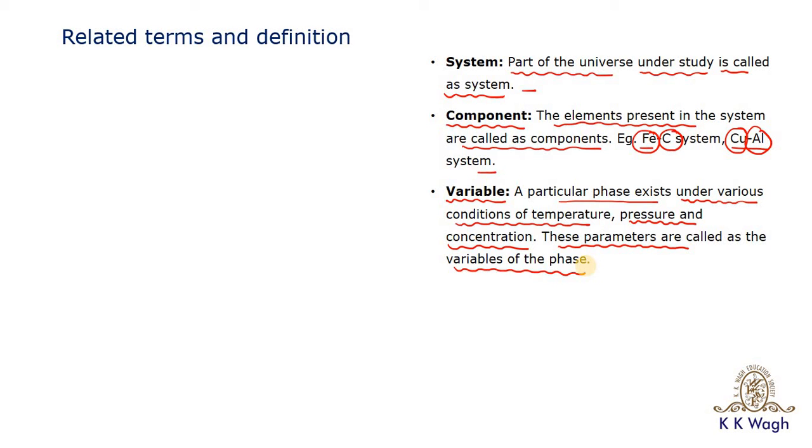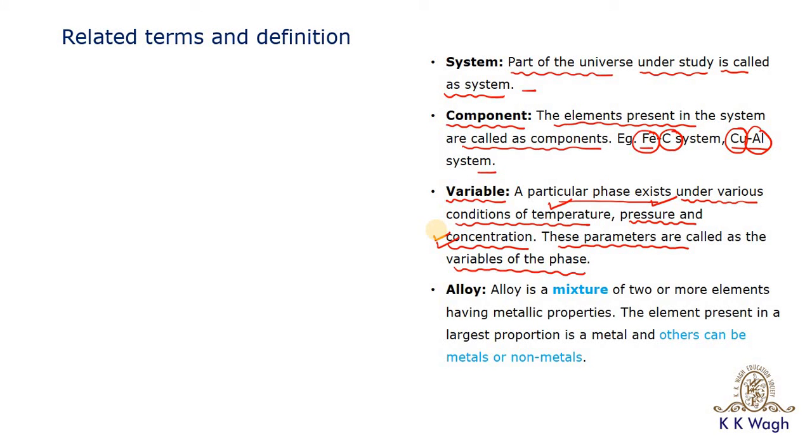So we can control the state of a system by controlling some parameters. Which are those parameters? They are nothing but the temperature, pressure, and the concentration, that is also called the composition, right? So these are the three variables which need to be controlled in order to control the state of the system.